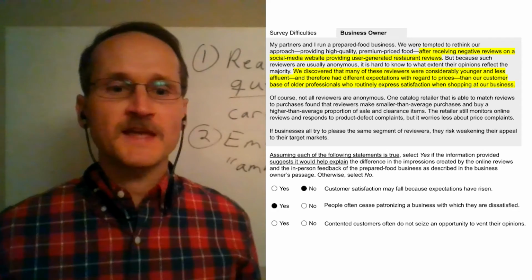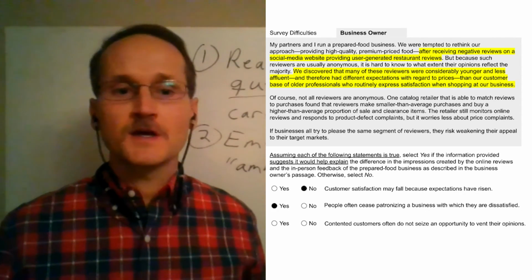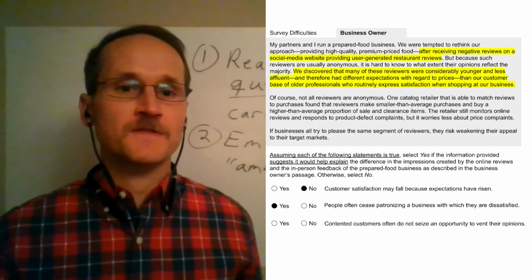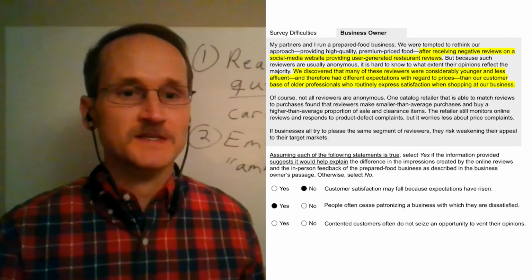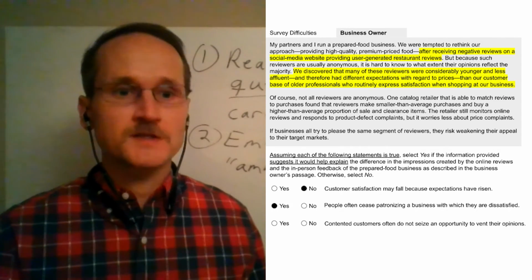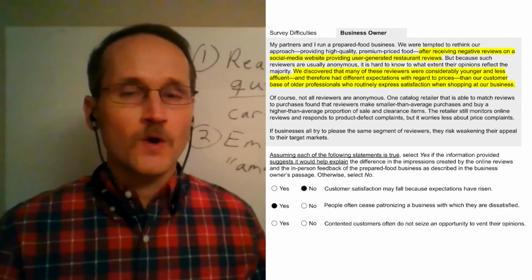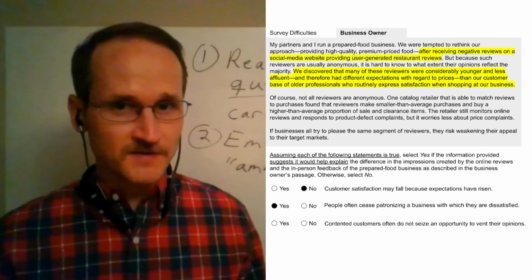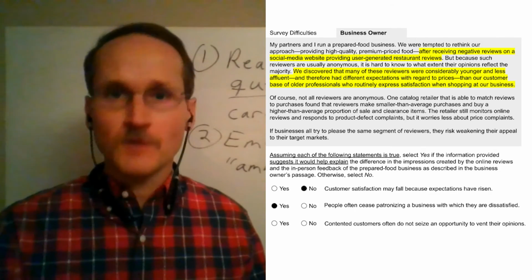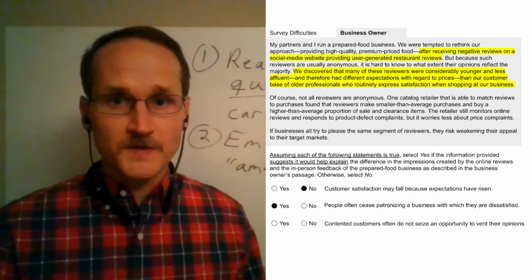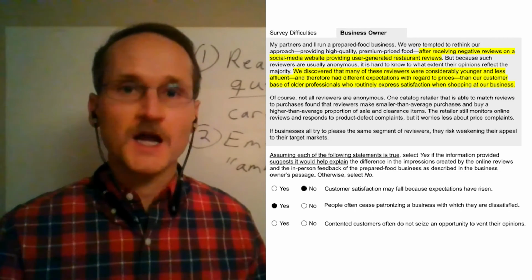Third statement, contented customers often do not seize an opportunity to vent their opinions. So like the second one, I at first thought, I'm not sure if this applies to this specific business, but going back to the underlined part, assuming this is true, this would help explain why the older professionals who are satisfied wouldn't seize an opportunity to express their opinion online, whereas the negative reviewers who are dissatisfied would seize that opportunity.